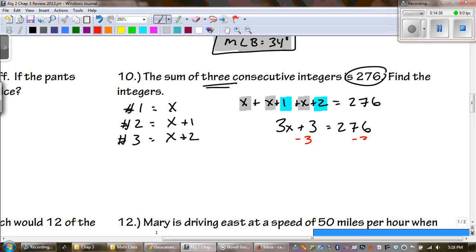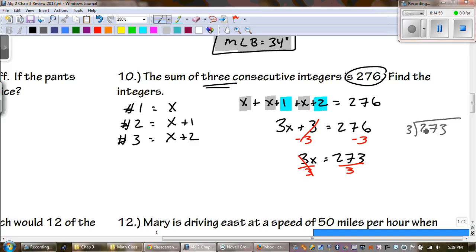And now we just solve for x. Subtract 3 to both sides. 3x equals 273. Divide by 3, and if you can't do that, off to the side, you should be doing 273 divided by 3.